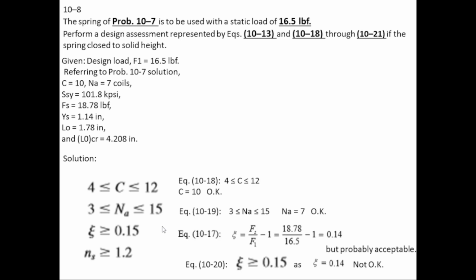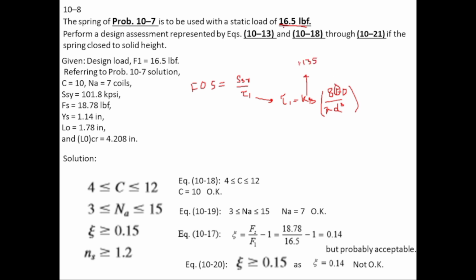Now let's find the factor of safety, which is equal to the torsional yield strength divided by the shear stress produced due to the applied load, that is tau 1. SSY is given to us, so let's find tau 1. Tau is equal to Kb times 8FD divided by pi d cube, and this Kb was calculated in problem 10.7 from the equation (4C plus 2) divided by (4C minus 3), and it was 1.135.